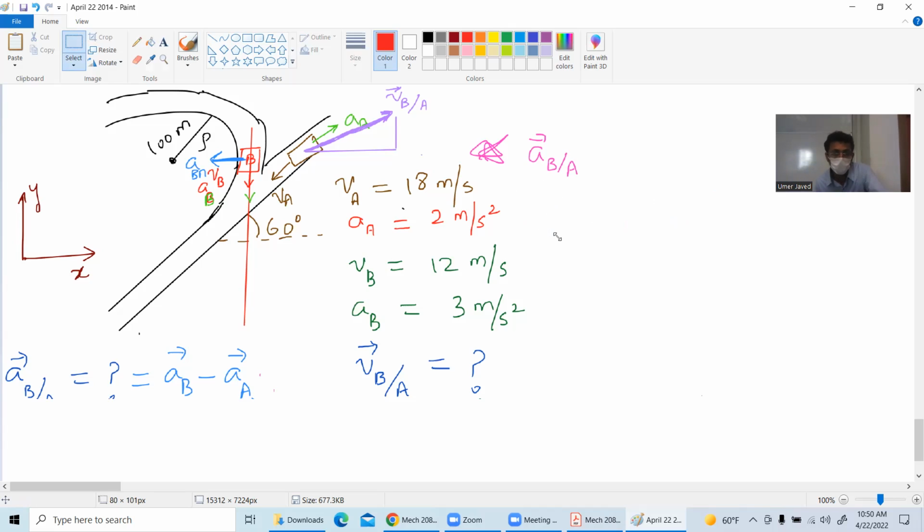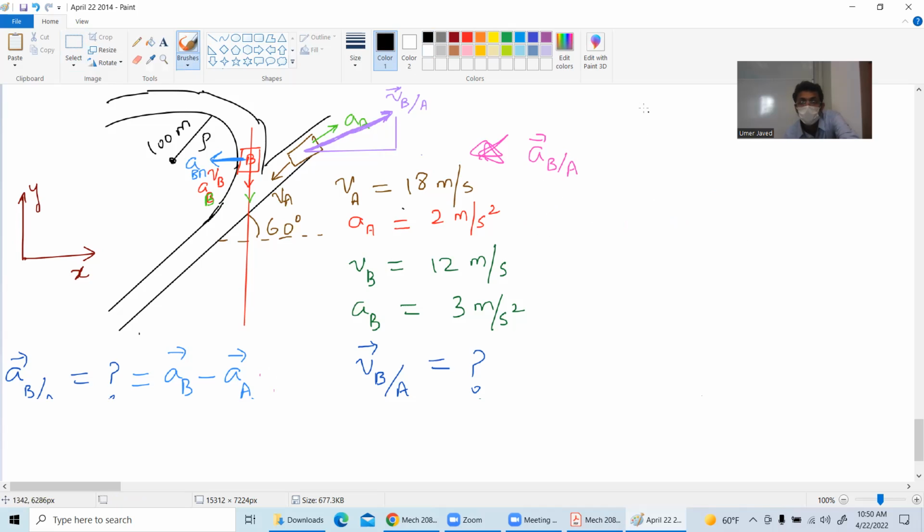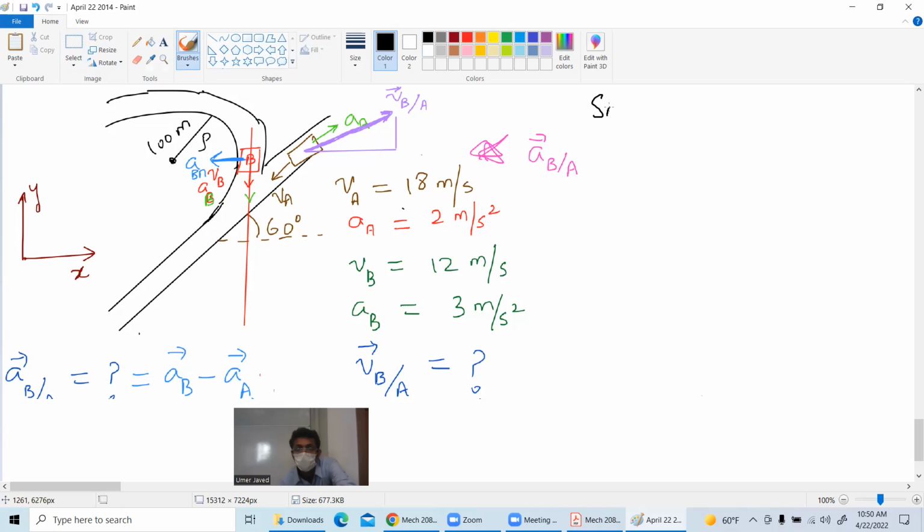Okay, in order to crack this problem, let me do it along with you so we can do it together. The first thing is VB with respect to A. The solution methodology is rather straightforward. Solution: VB with respect to A. With respect to A means that I am looking at car B while I am sitting in the car A. So it is VB minus VA.